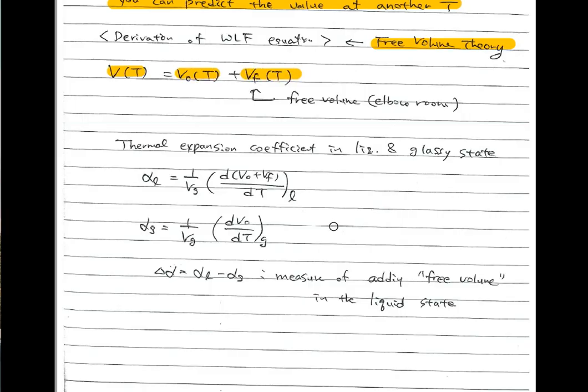And if you recall physical chemistry class, the thermal expansion coefficient can be written this way, especially in the liquid phase and also the gaseous state. The thermal expansion coefficient is 1 over volume times the derivative of volume as a function of temperature. This is the thermal expansion coefficient in the liquid state. This is the thermal expansion coefficient in the glass state.